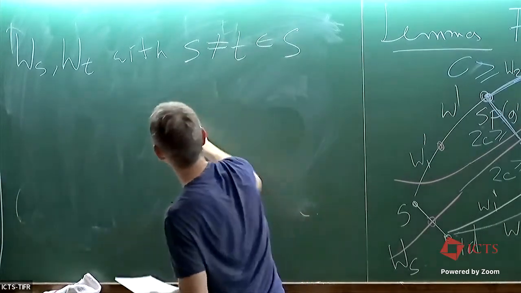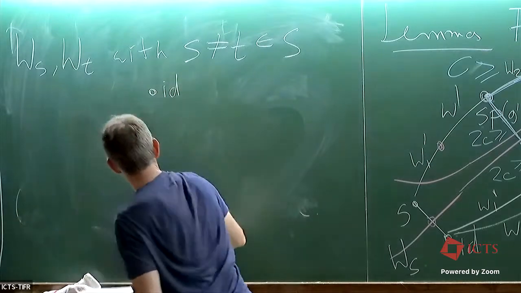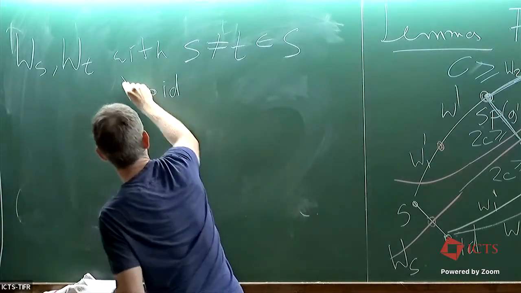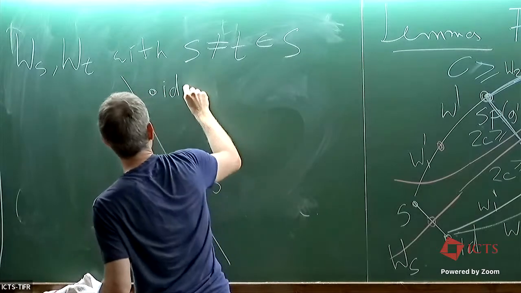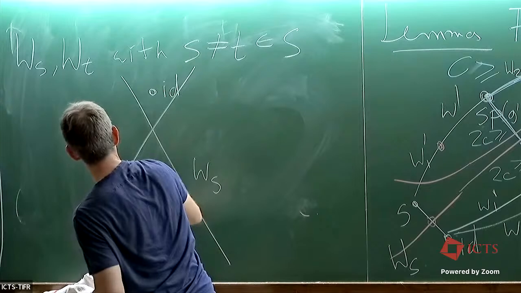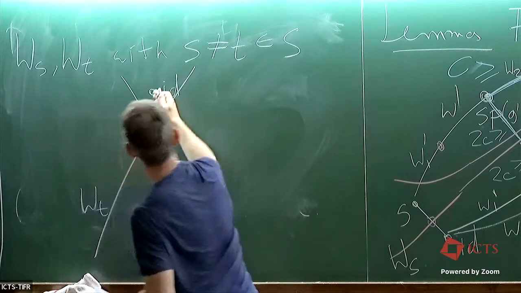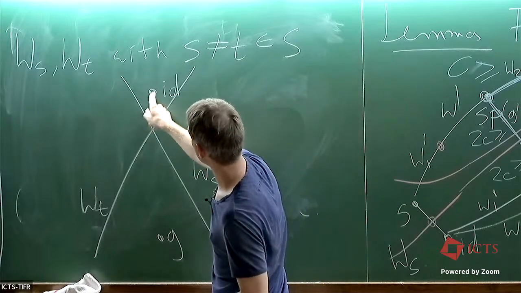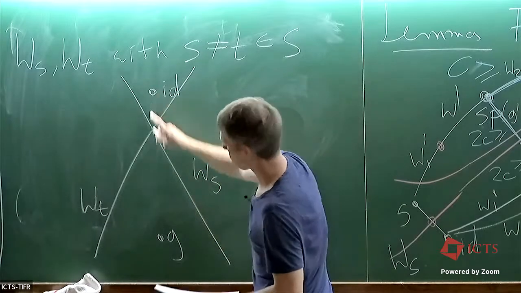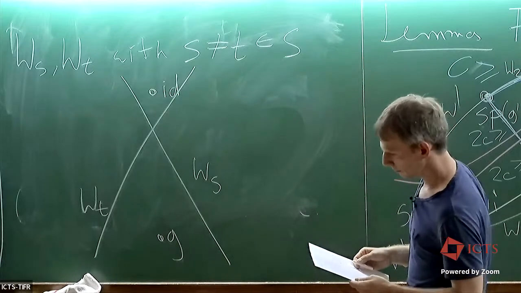So the picture is you have the identity, you have G, and then you have the wall WS and the wall WT separating the identity from G. These are generators, so these walls are at distance a half from the identity, very close to the identity.